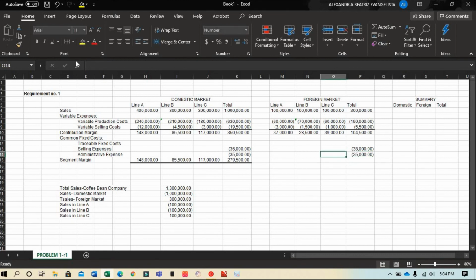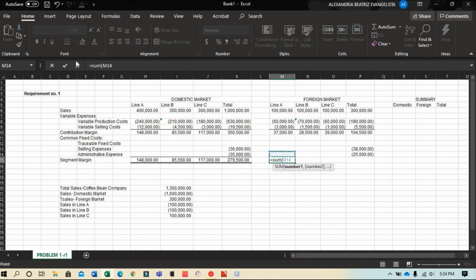So if you're going to ask me why I placed it under the total column, it is because there is no data given in the problem on how to allocate this cost among the three product lines. So now we're going to get the total segment margin.